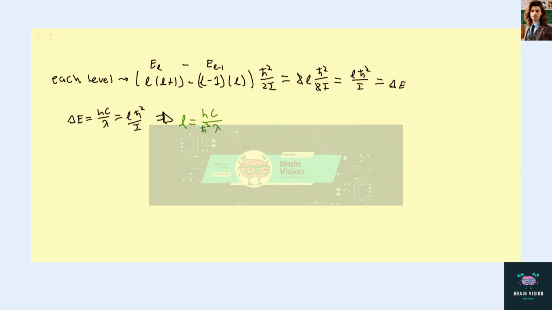But h and h bar have some similarities because h bar is equal to h over 2 pi. So one of these h's is going to cancel. Thus, you can write it as 2 pi c times the moment of inertia, because I forgot to move that over, divided by h bar lambda.